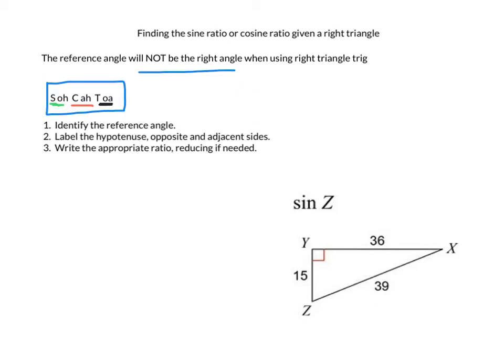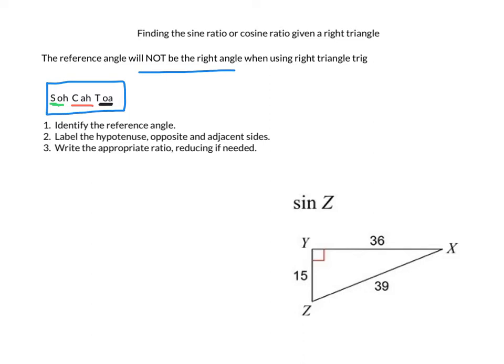When I was in high school and learned trig, especially on standardized tests or any math test, I always wrote SOHCAHTOA at the top of my paper, because if I have it written down somewhere, it's easier to just look at it instead of keeping it in my head. So if I put it down on paper, I don't have to process it through in my brain. That's just a recommendation, but don't feel you have to.